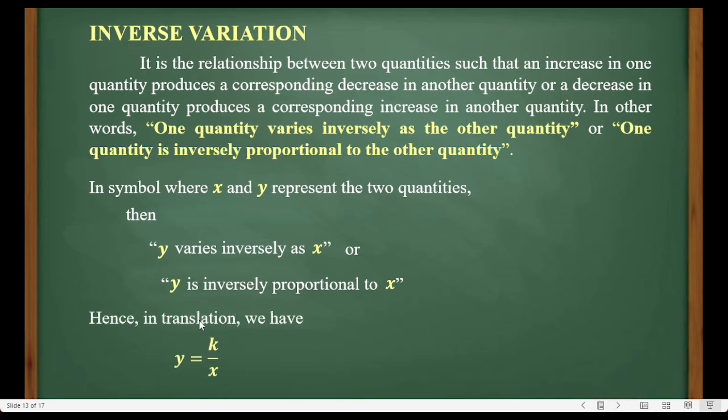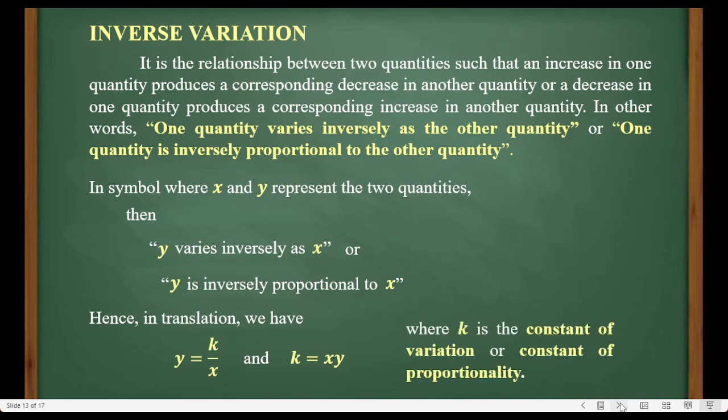So, y is equal to k over x, where k is simply the product of x and y. So, you just do the cross multiplication. And again, k is still known as the constant of variation or the constant of proportionality. Okay?